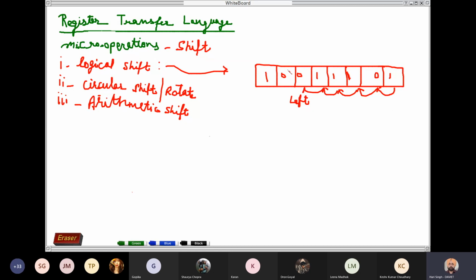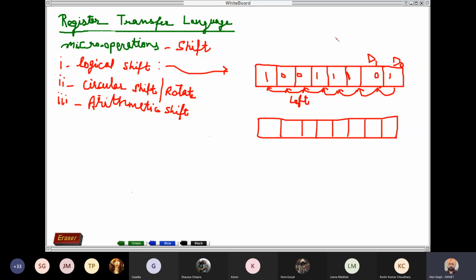The new content will be: D0 will take the position of D1, and D1 will be shifted to D2, D2 will be shifted to D3, and so on up to D7.